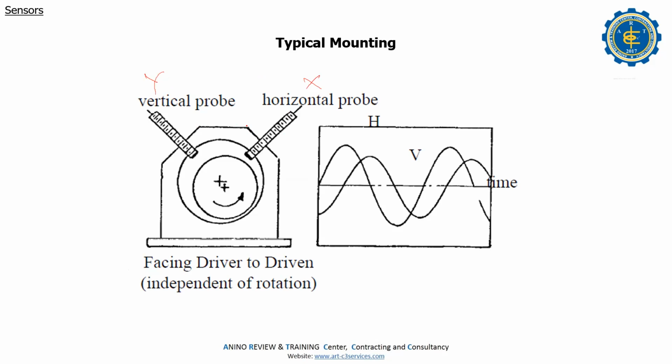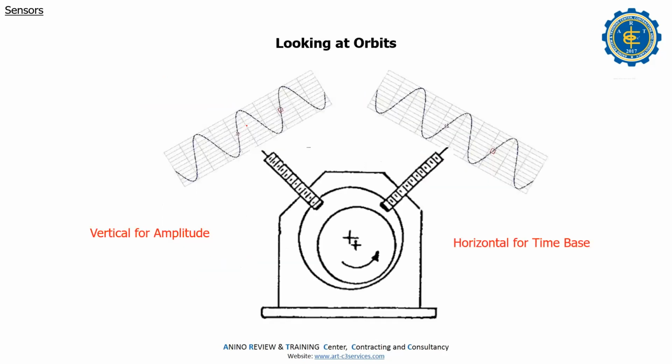An accelerometer is best for anti-friction bearings, but for journal bearings it can help, though not 100%.